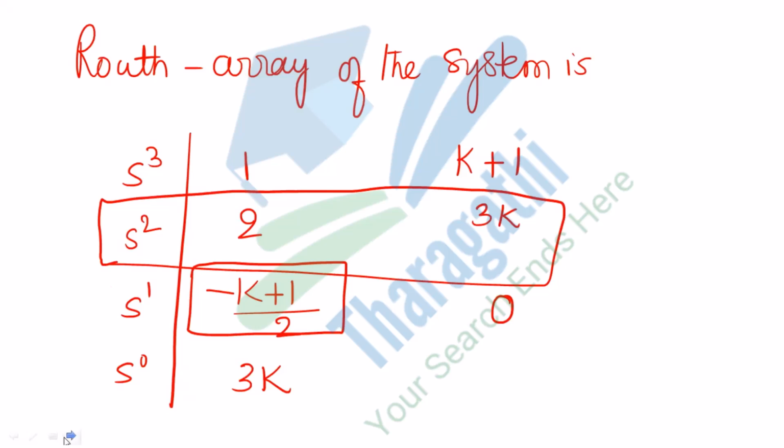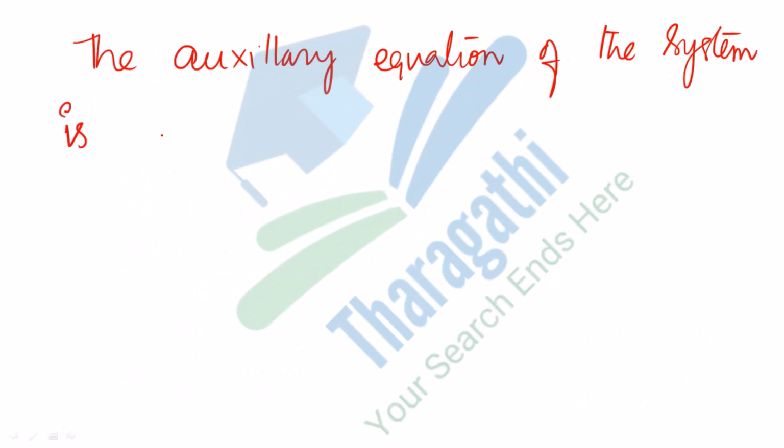The auxiliary equation is 2s square plus 3k equal to 0.